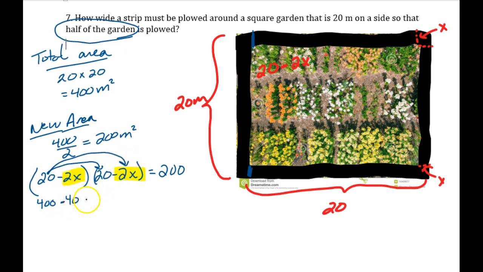You get 40x. You finish with the 20, so move to your second term. Negative 2x times 20, negative 40x. And then here, negative times negative. Remember, that's going to give you a positive. And 2 times 2 is 4. x times x, x squared, equals 200.